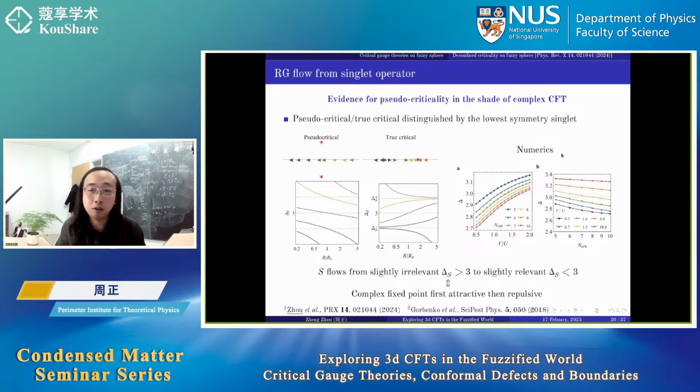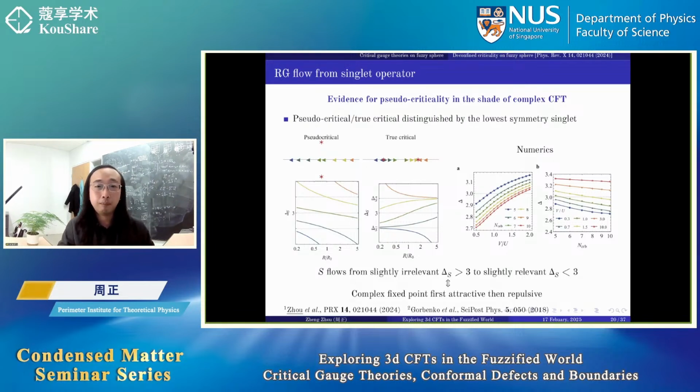And in our numerics, we indeed see behavior that is consistent with the scenario on the left. That is to say, the scaling dimension of S as the system size increases decreases from above 3 to slightly below 3, which is consistent with the scenario of complex fixed points.